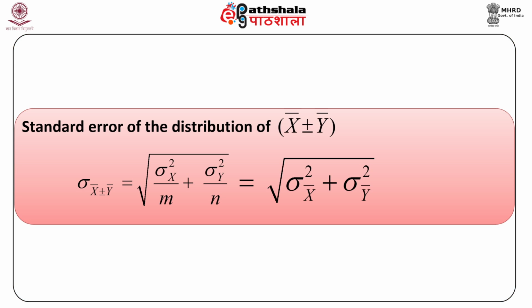To derive confidence intervals for x bar plus minus y bar, we need the standard error of the distribution of x bar plus minus y bar, which is denoted as sigma of x bar plus minus y bar and is equal to the square root of sigma x square by m plus sigma y square by n, which could also be written as the square root of sigma x bar square plus sigma y bar square, under the assumption the two samples are independent and population variances are known.